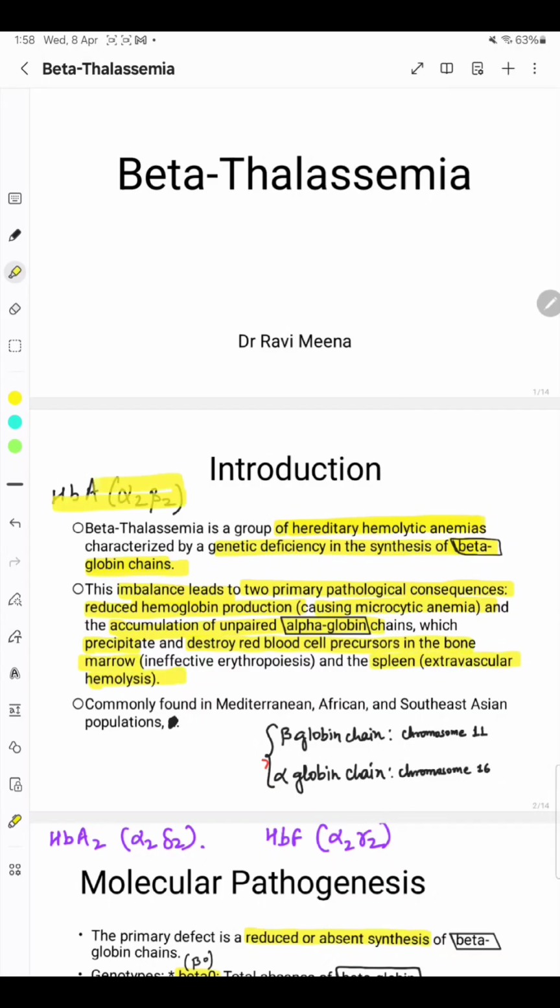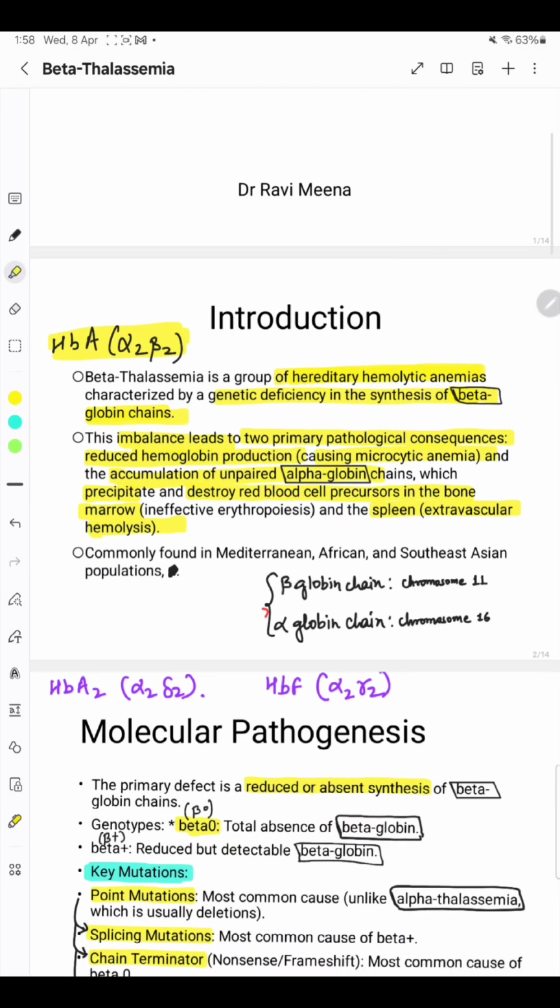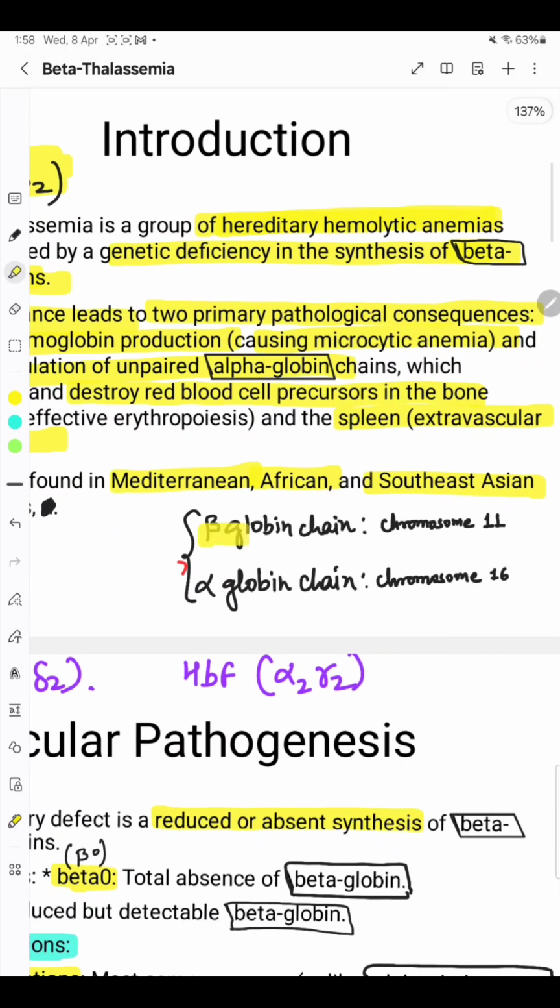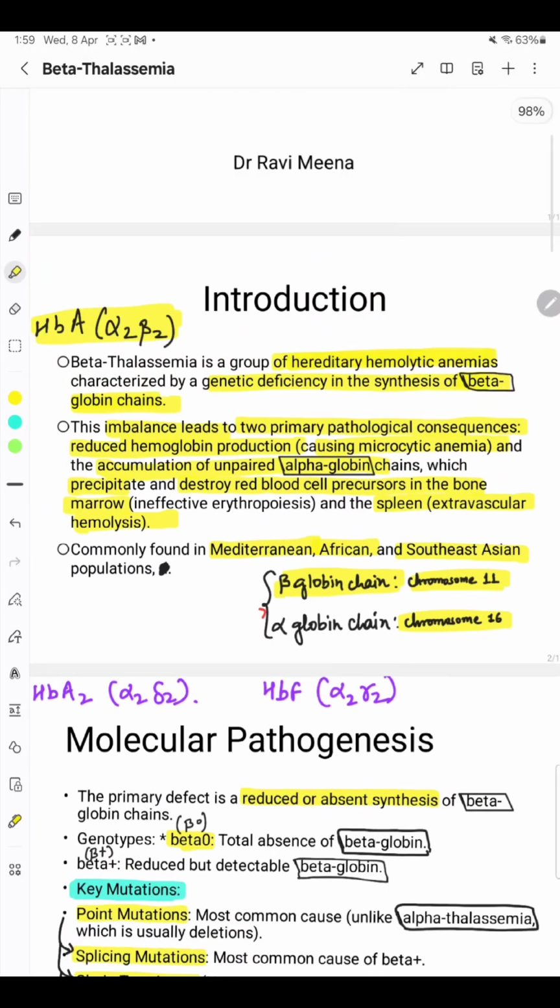As we know, adult hemoglobin HbA is composed of 2 alpha and 2 beta globin chains. Thalassemia is commonly found in the Mediterranean, African area, Southeast Asia. Genes for the beta globin chain are present on chromosome 11, and genes that code alpha globin chains are present on chromosome 16.